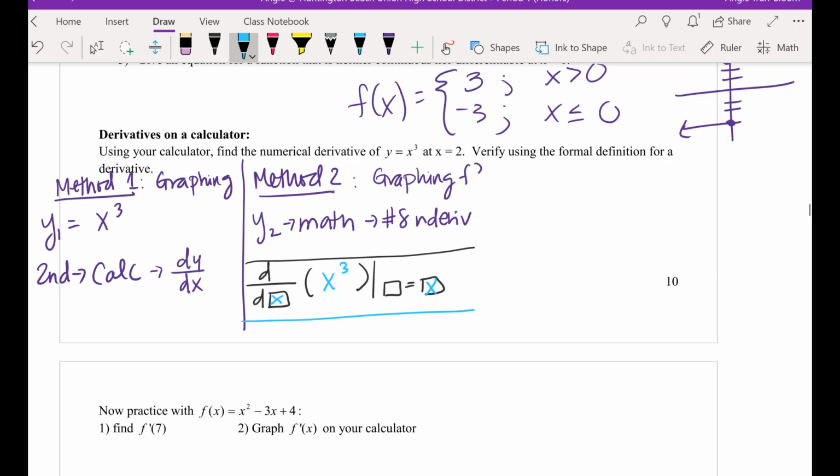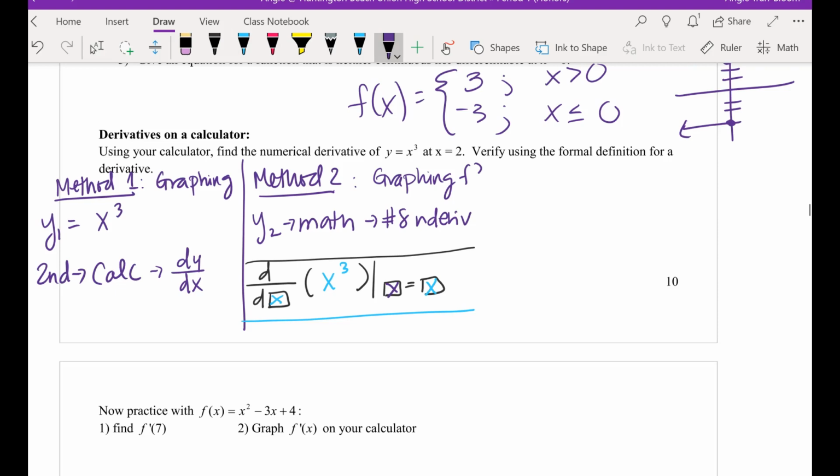Can you see them on your screen? I don't want you to plug in a value yet. I just want you to graph two functions together right now. It looks like this is permanently blank, but it fills itself in.